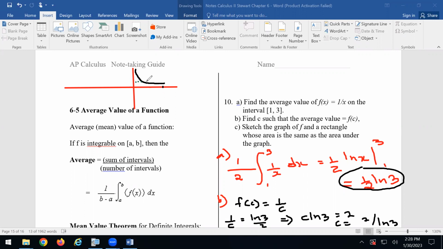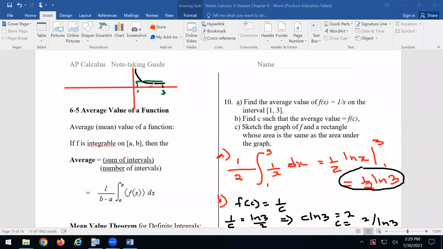So let's get my rectangle. So this is 3 here. Let's say that this is 1. Now, right here where they intersect, as we can see, so that is 1.